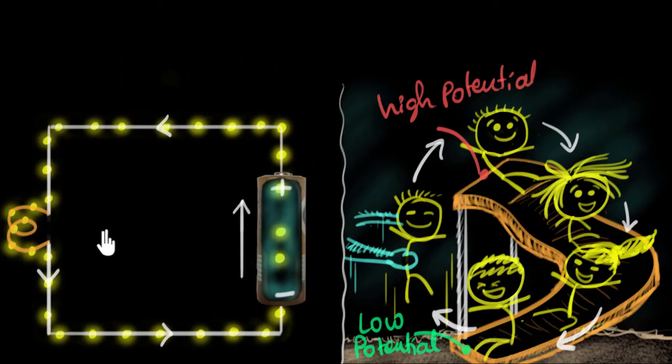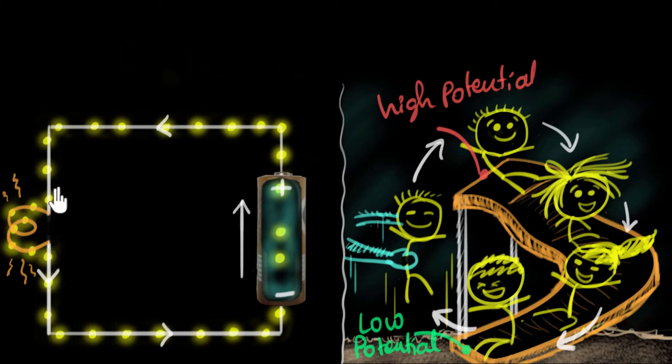In a similar manner, as the charges move through the bulb, there is heat generated in the bulb. Again, we could ask, where did this heat come from? In a similar manner, we could say, the charges over here might already have stored energy. And as they move through the bulb, they lose that stored energy.